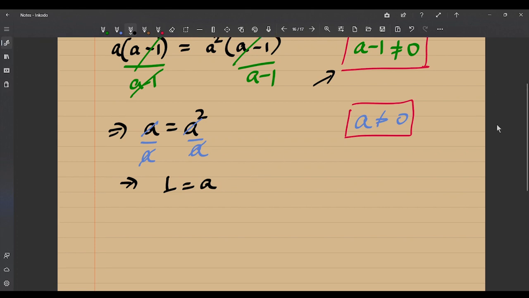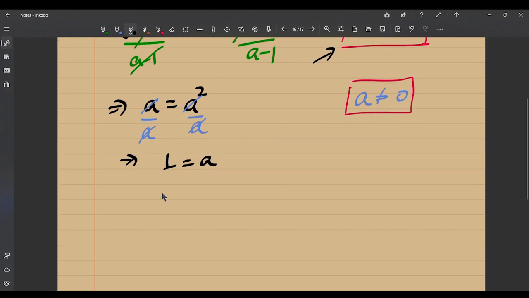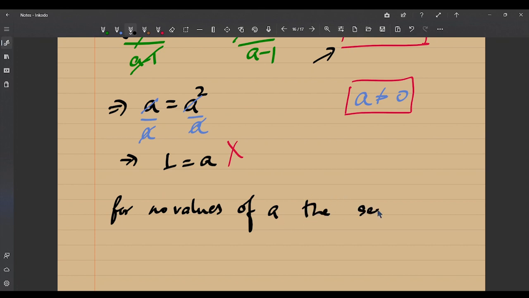So we have arrived at, for no values, so this cannot be true, which means what? For no values of a, the sequence is arithmetic.